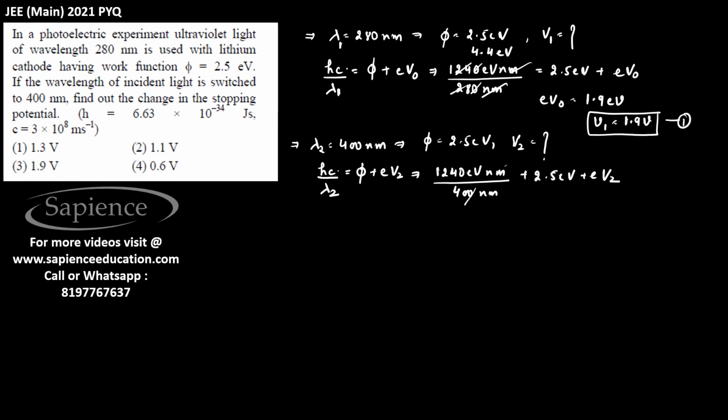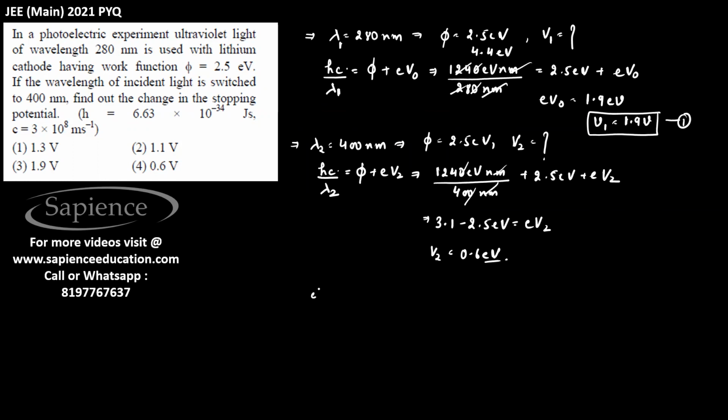Nanometer cancels, and this will be 12.4 by 4, roughly 3.1, minus 2.5 electron volt will equal eV2. Then eV2 will be equal to 0.6 electron volt.